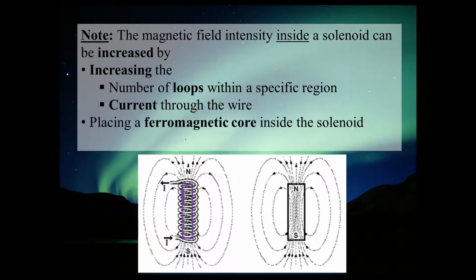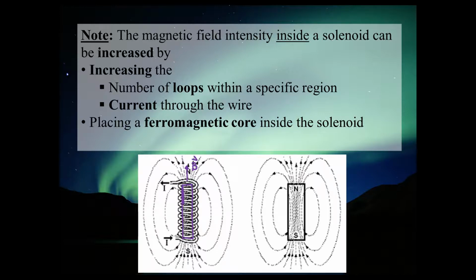What would happen then is if you wrapped the wire around the bar magnet and you turned on the current, in this case it shows a magnetic field that's being directed towards the top of the page.